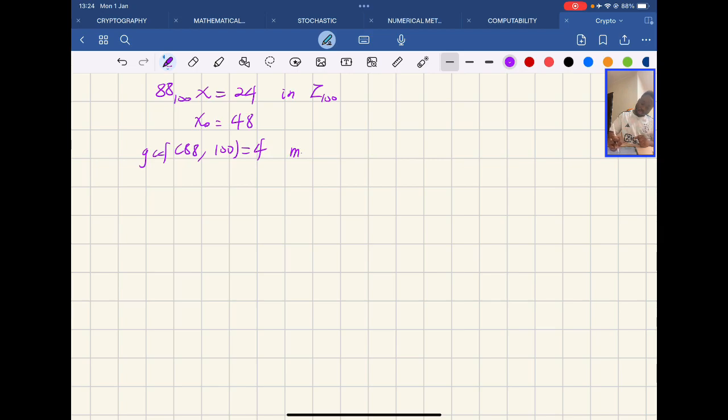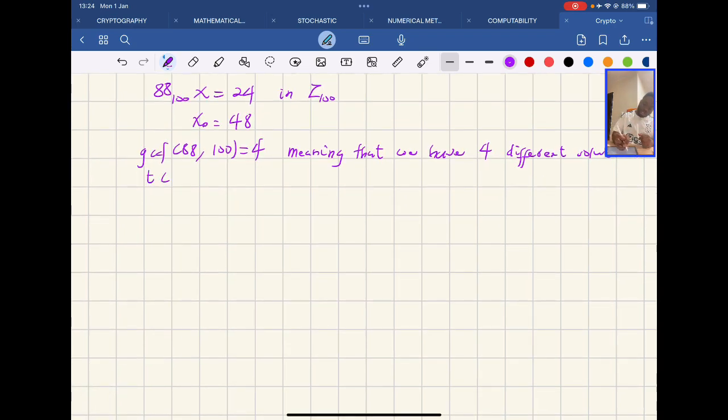Meaning that we have 4 different solutions. Now, since we have 4 different solutions, we have to find our t, and we know that t is a subset of 0, 1, up to the GCD of 88 and 100, which is 4, minus 1, which is 3. So this will be our t.